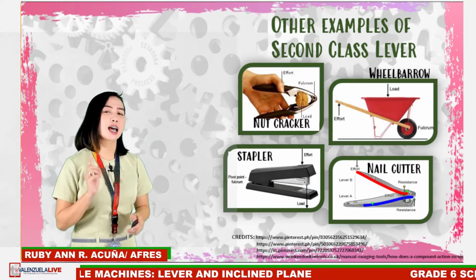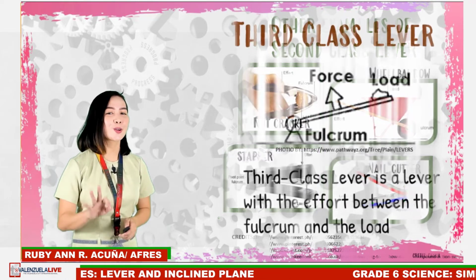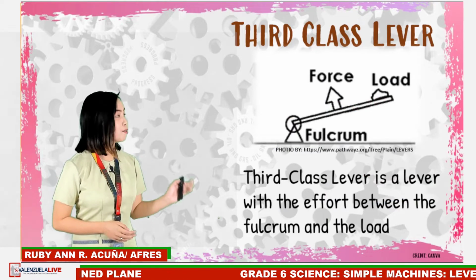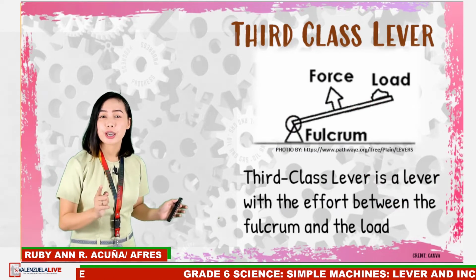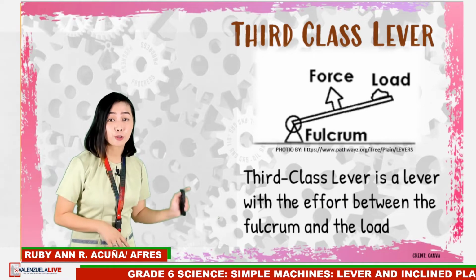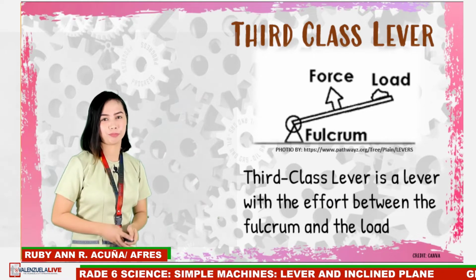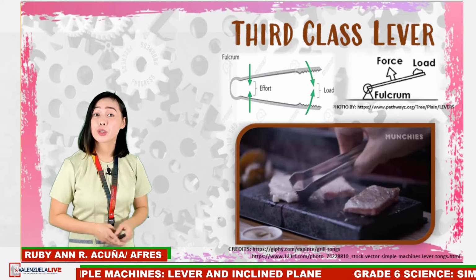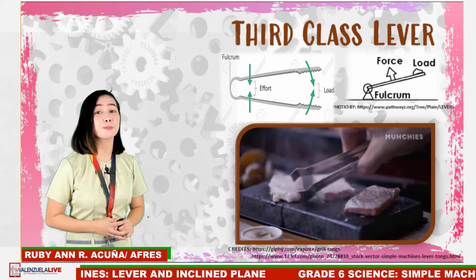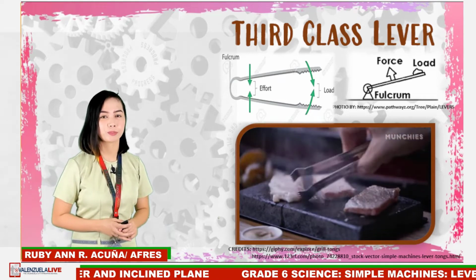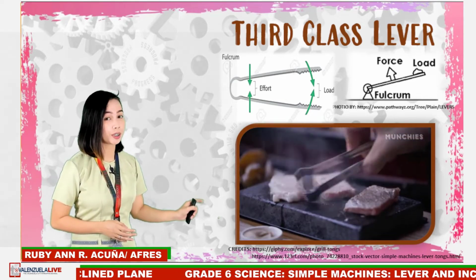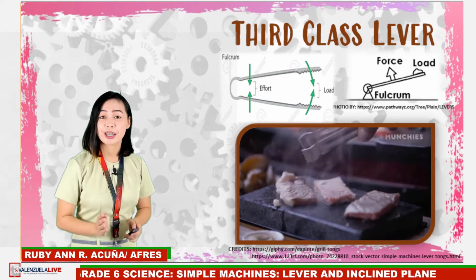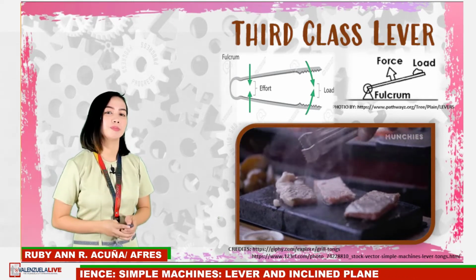And the last class of lever is the third class lever. It is a lever with the effort between the fulcrum and the load. The tongs that we use to get something is an example of this lever. The object that you pick using the tongs, which is at the end, is the load.